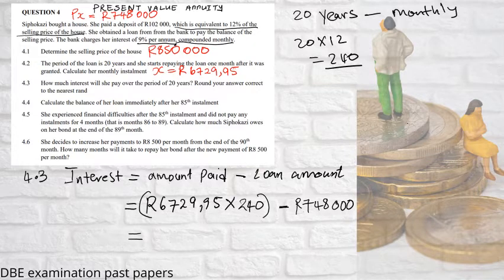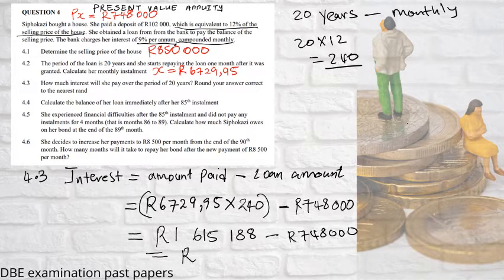So let's now determine the interest. 6,729.95 times 240 is going to give me 1,615,188 rands. It's a lot. Minus 748,000. You see, it's because they charged her some interest because she borrowed that money.